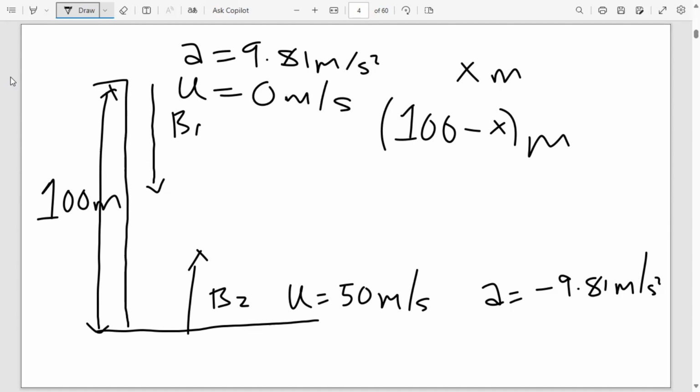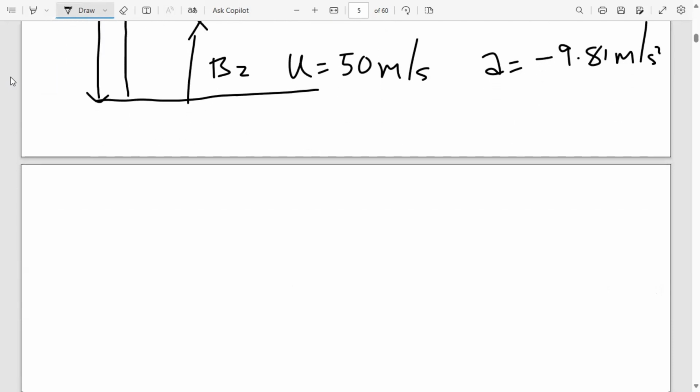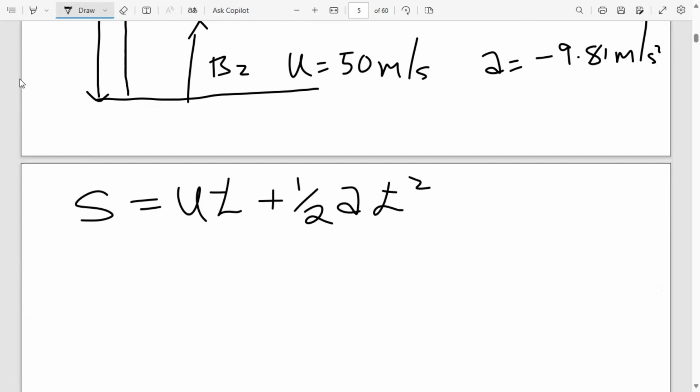So we can now bring in our equation of motion and plug in what we've just discussed. S, the distance covered, is equal to ut plus half at squared. How many things do we know in this equation in terms of ball number 1?